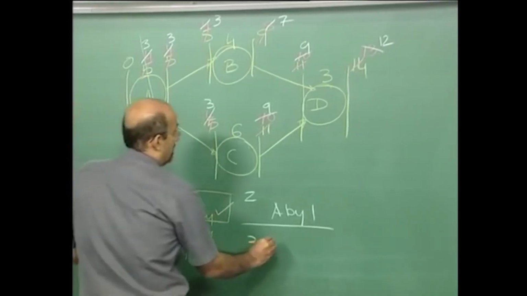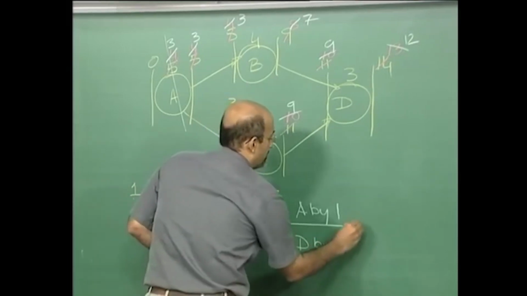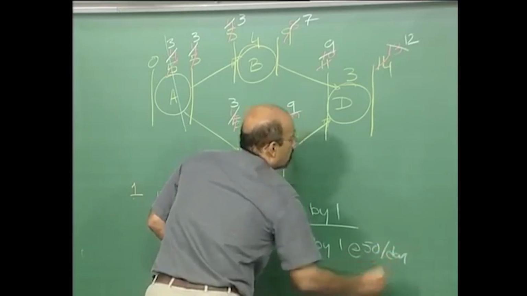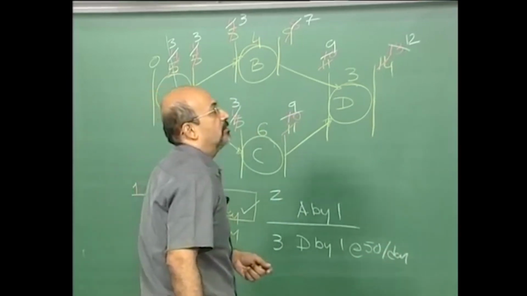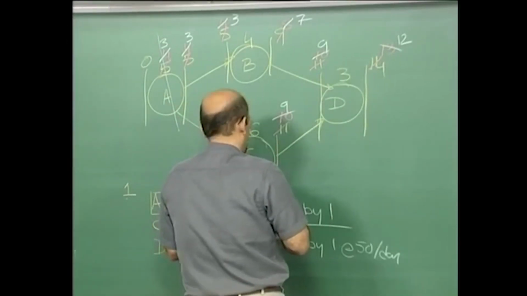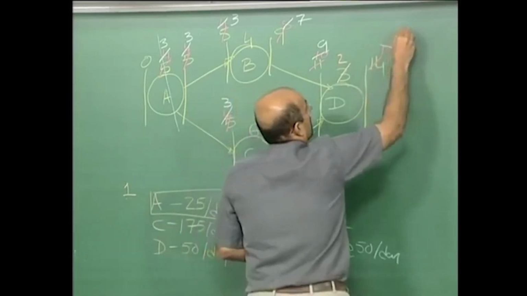Obviously it is D by 1, at 50. D has now moved from 3 down to 2, and the project duration has gone down to 11.